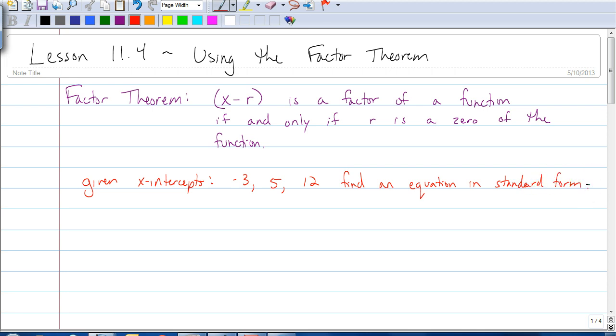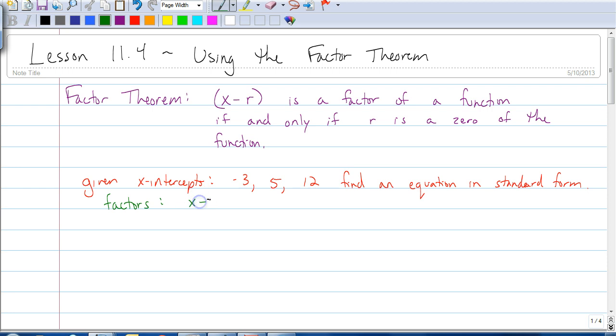So I'm going to use this factor theorem. Remember, I already know that these are x-intercepts, and what we talked about yesterday is that x-intercepts and zeros are the same; those terms can be used interchangeably. So if I know that -3 is an x-intercept, I know that it's also a root. That means x minus -3 would be a factor of the polynomial.